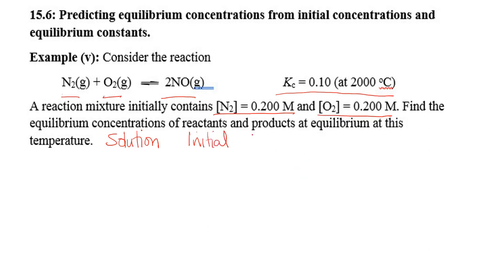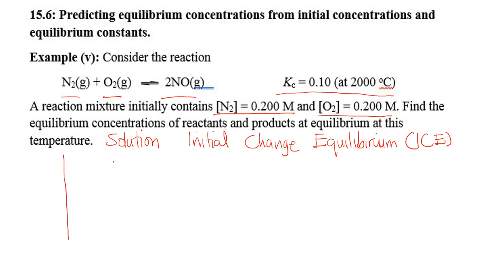Initial concentration, change in concentration, and then the equilibrium concentration. So in short, it is known as ICE table. I am going to draw this ICE table to show you how it works.